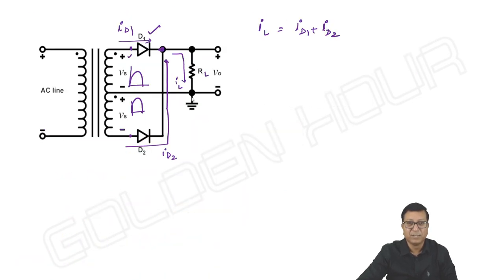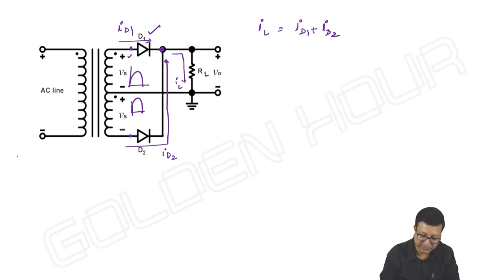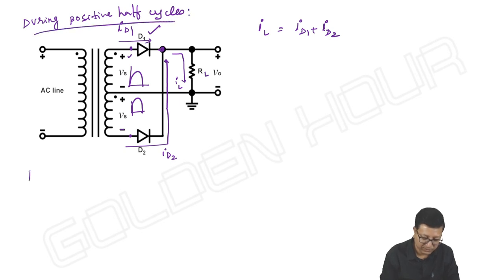Next, during negative half cycles, if you take this waveform, what can we write? Here I am writing it. Let us take the same diagram.